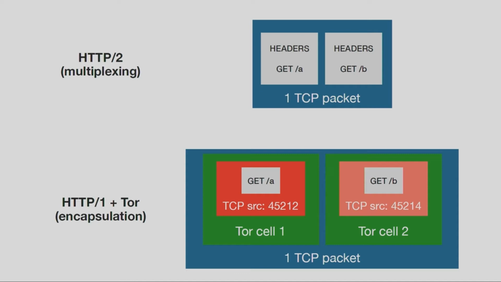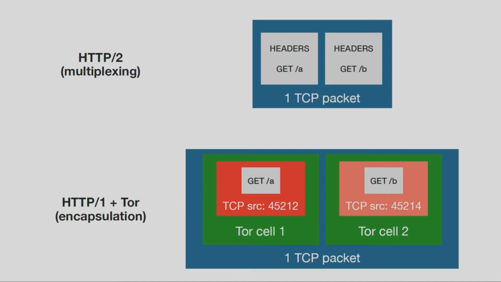There we have two different GET requests on two different TCP connections, and they're added to two different Tor cells, but the Tor cell is less than the maximum packet size of one TCP packet. So we can still make sure that they will be sent in a single TCP packet. And then they will still arrive simultaneously at the server.